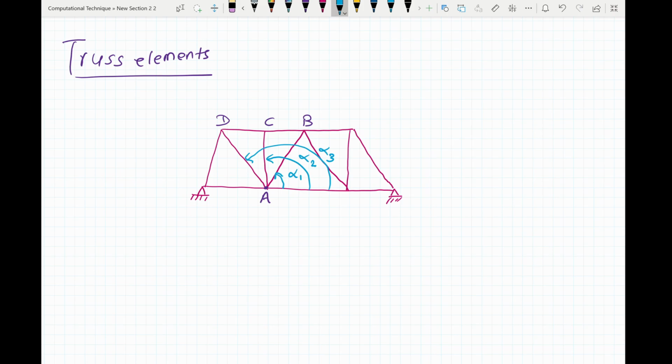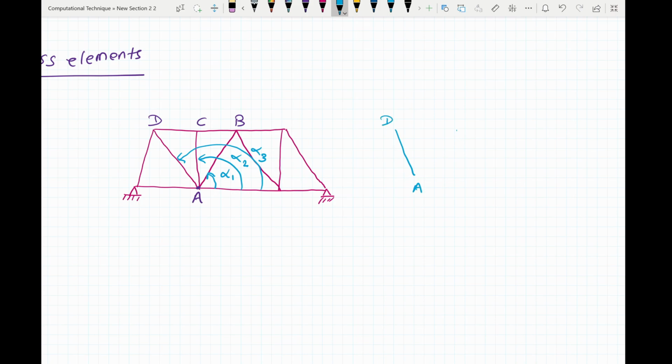Now if we look at AD, which is this one, and AC, then you'll see that the force acting in AD will be like this axially, and the force acting in AC will be something like this. Now for the whole system of the truss, we cannot add the forces which are oriented in different directions directly. Now you'll see that this force will have its components in the horizontal and the vertical direction.